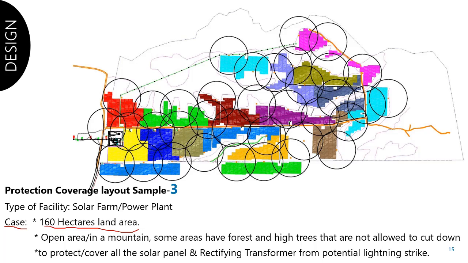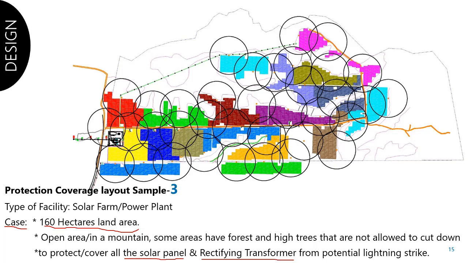Another is to protect and cover the solar panel, so that's the main goal here, and the rectifying transformer. Before this, before we designed and installed a lightning protection system, there was an incident where lightning struck their panel and they had a massive loss of solar panel.